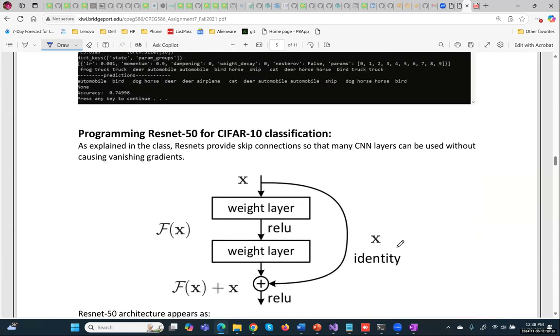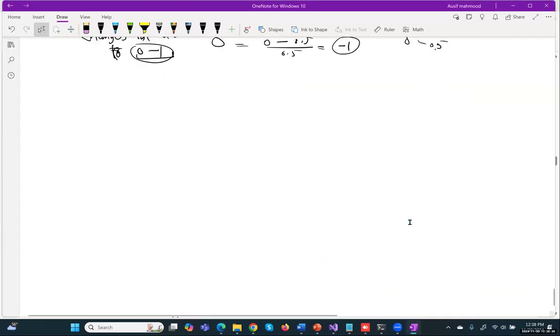Okay, the last part of the assignment is where we will apply what is called a residual network. So in the first part of assignment 7, we have a 2-layer CNN followed by a classifier, right?